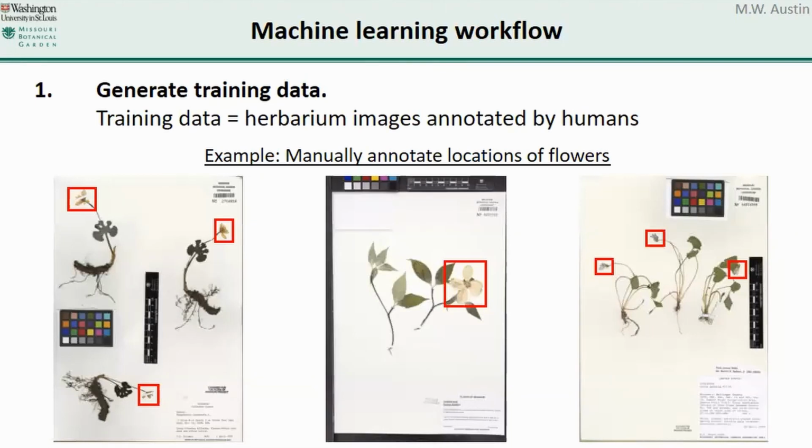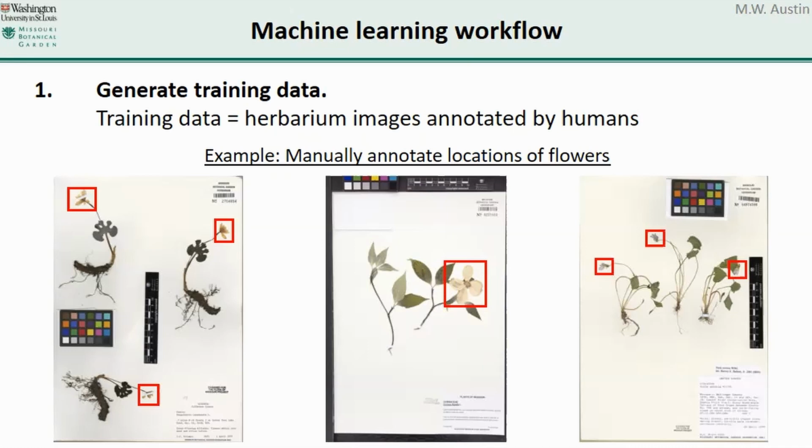To demonstrate the potential of machine learning for herbaria, I think it's helpful to walk through the general workflow that machine learning takes. So the first step with machine learning is to generate training data, which are human annotated images.